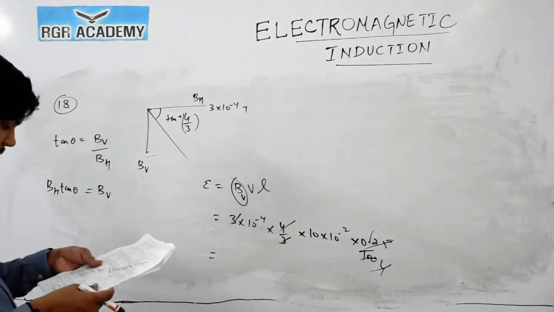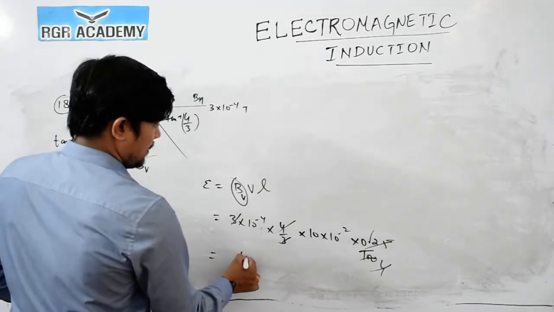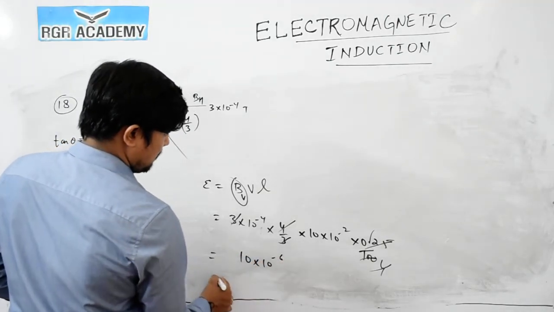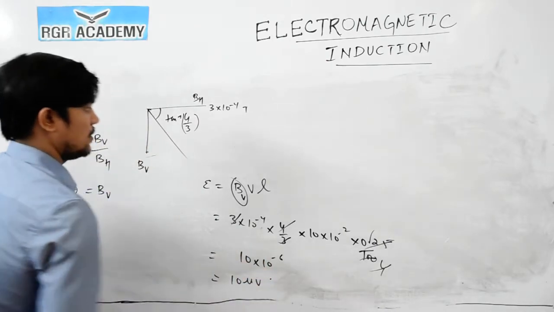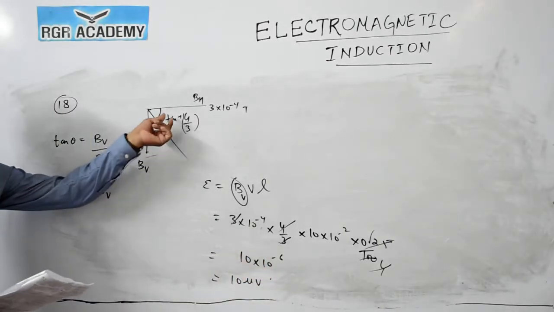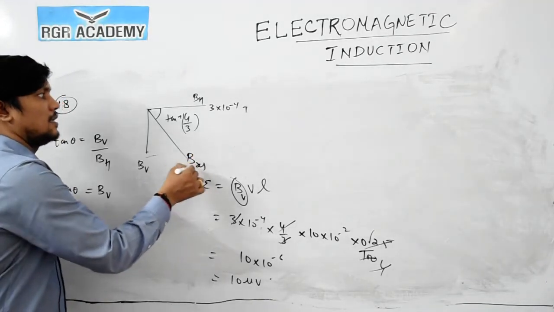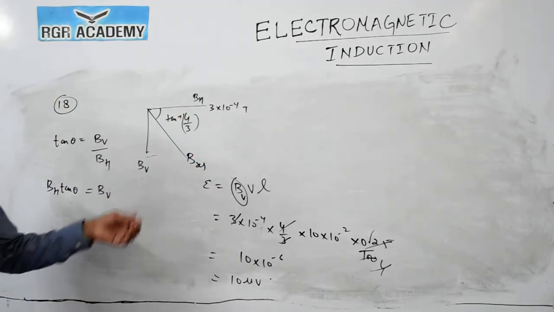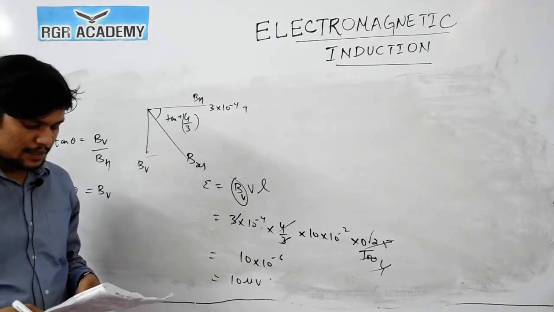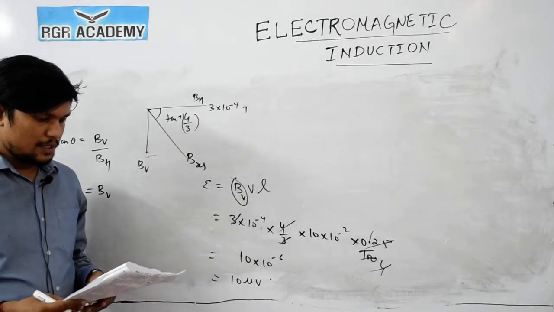So what answer will we get? 10 into 10 to the power minus 6, that is 10 microvolt. Okay. The angle made by the resultant magnetic field, B resultant, from the horizontal component of magnetic field is known as the angle of dip. Okay. Now question number 19.